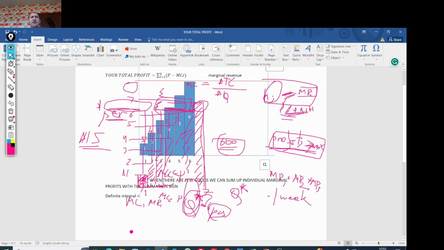So when you have a presentation of marginal costs in terms of curve, you cannot anymore sum up individual areas or individual values for these bars. You have to take the definite integral, right? The definite integral gives you the idea of an area under the curve.